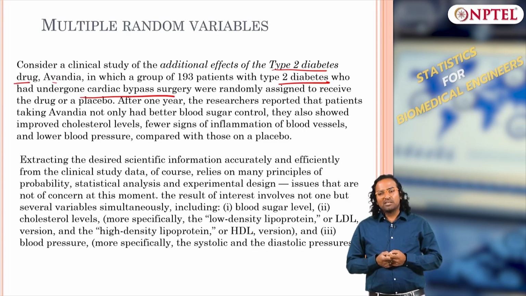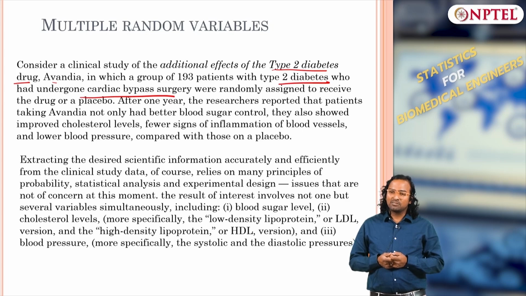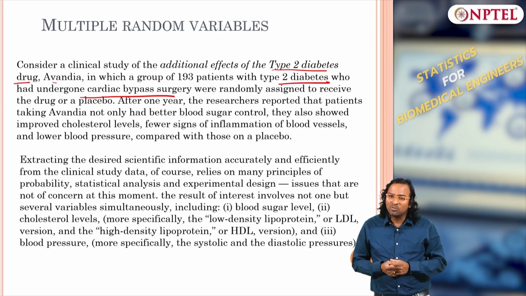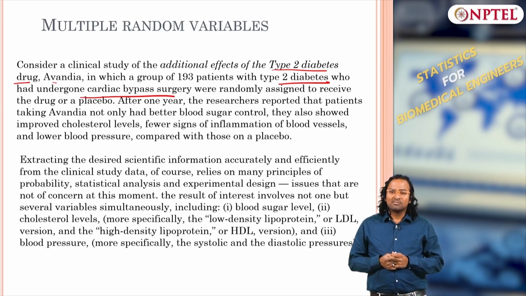Type 2 diabetes, does it depend upon cholesterol levels? Pressure, does it depend upon type 2 diabetes? Yes or no? Is there a relation between hypertension and type 2 diabetes? Yes or no? Hypertension and diabetes, is there a relation or no? No? Hypertension and diabetes.